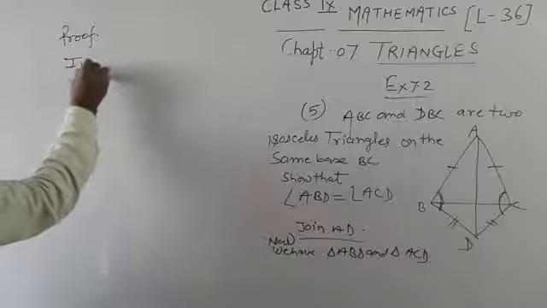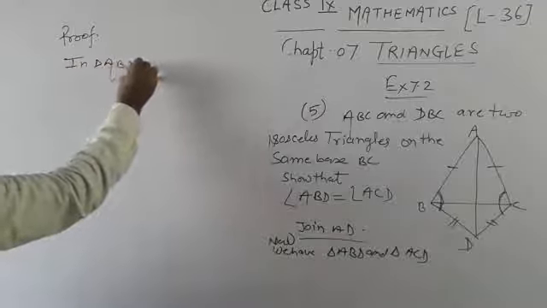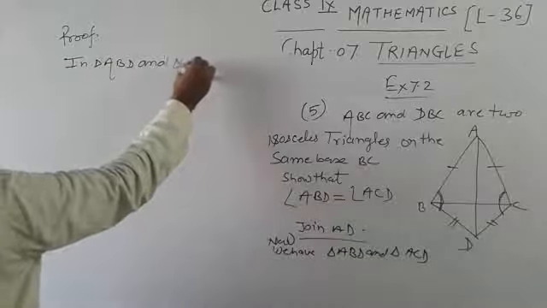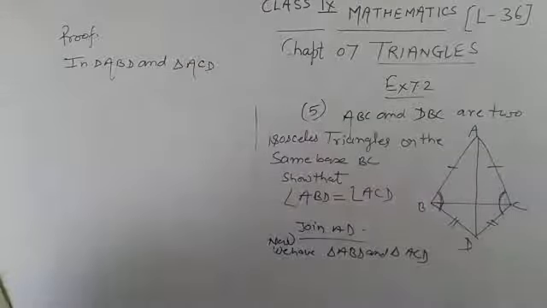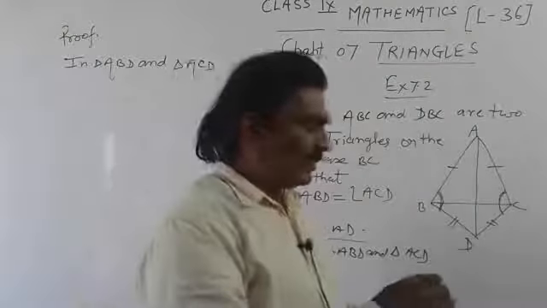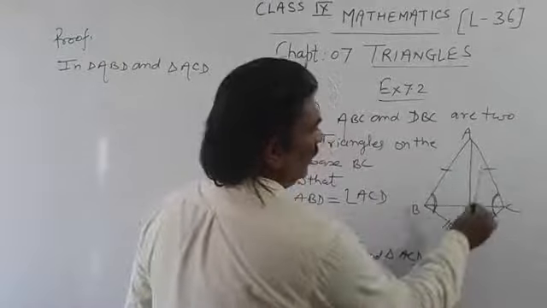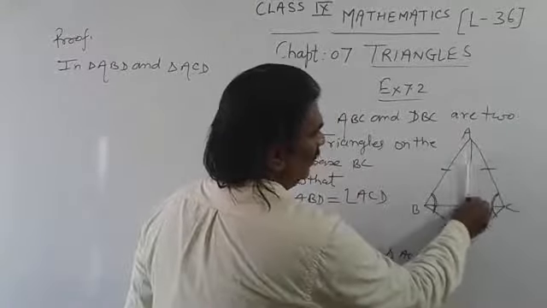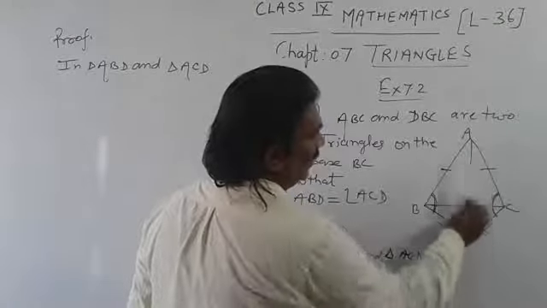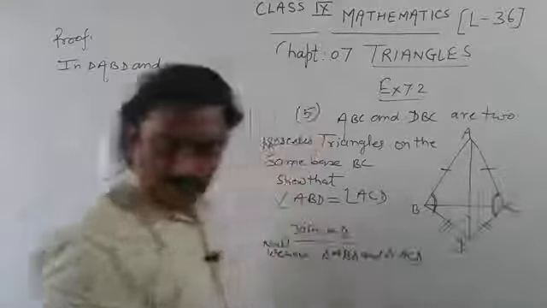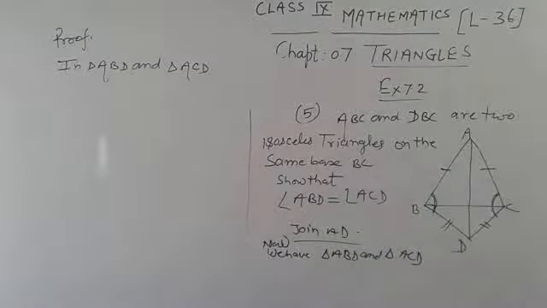In triangle ABD and triangle ACD, we have taken two triangles where AD is the common line, and the first is ABD and the second is ACD. So okay students, now we have to prove these two triangles are congruent.